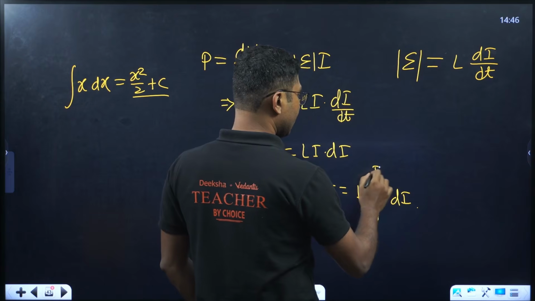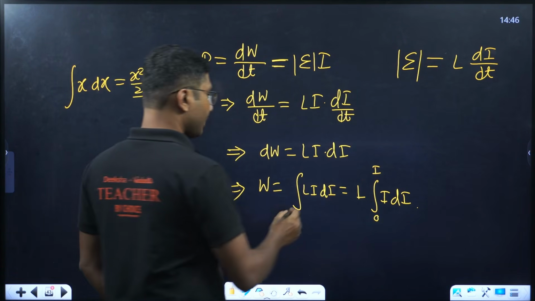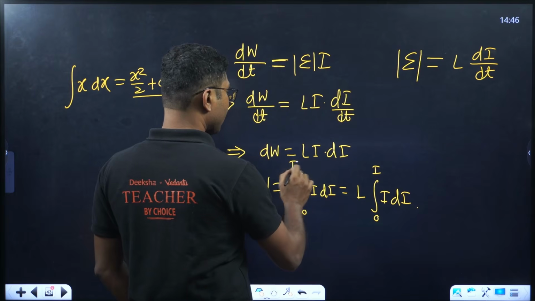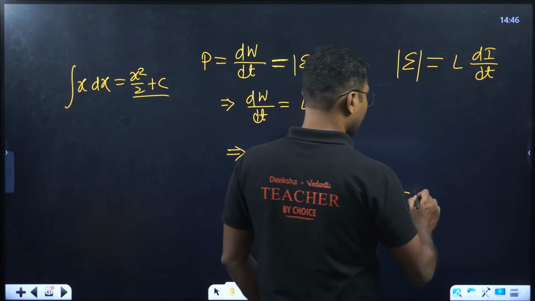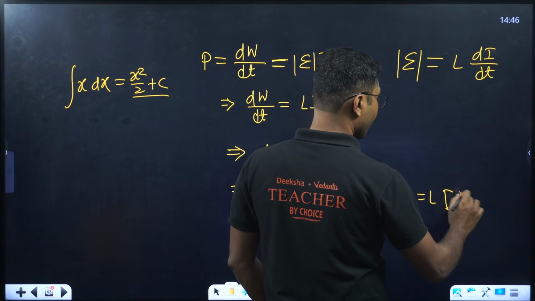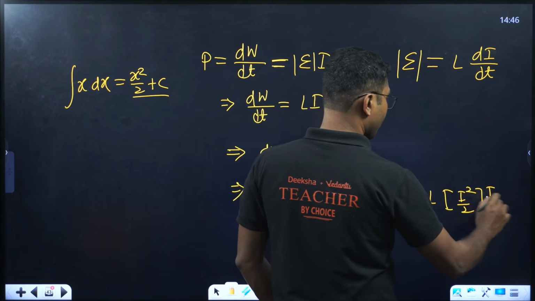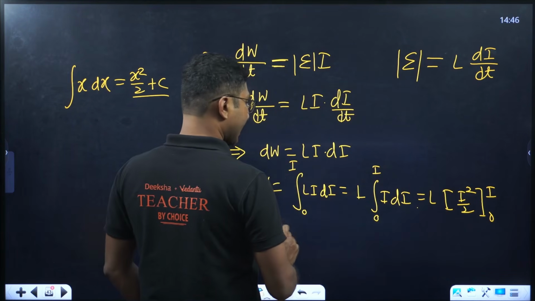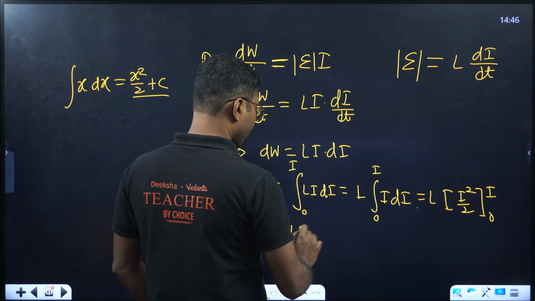Initially the current was 0. We are establishing a current I. So how much work is done to establish the current from 0 to I? It will be a definite integration, so we do not have any constant over here. It will be I square by 2 from 0 to I. If you put I, it will be I square by 2. If you put 0, it will be 0. So it will be L I square by 2.